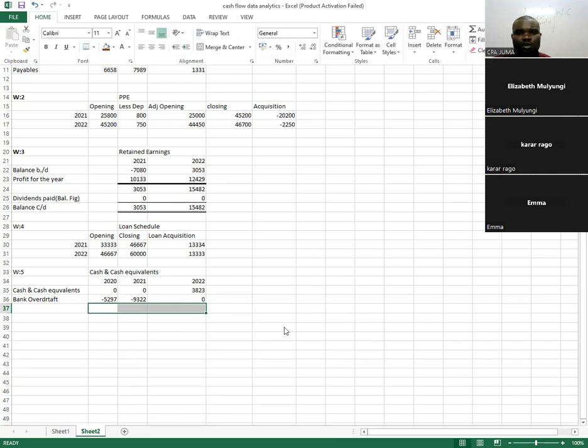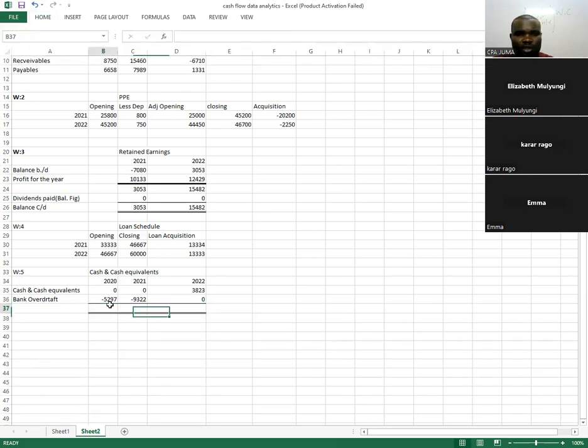So net position is this one here, equals to 0 plus this one here. Drag across. Drag across there.